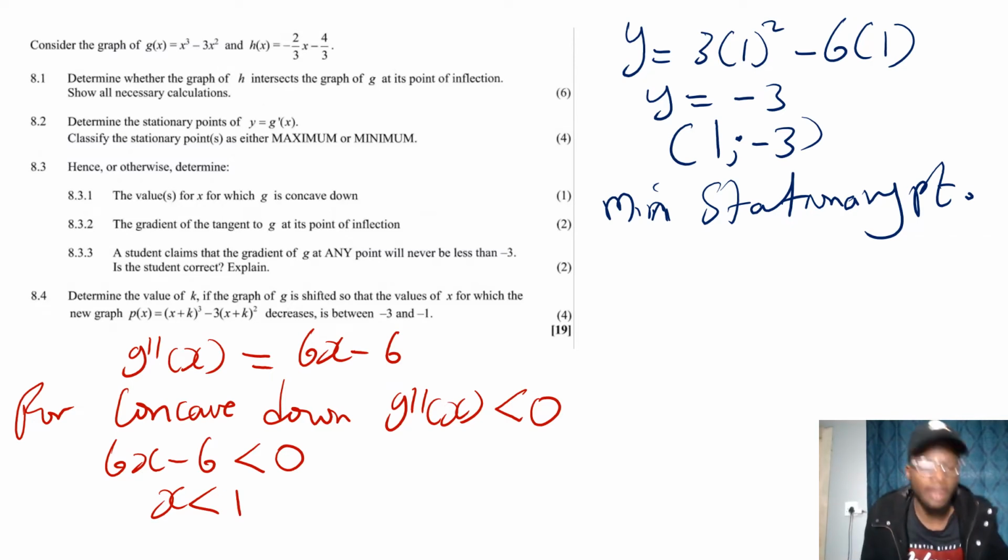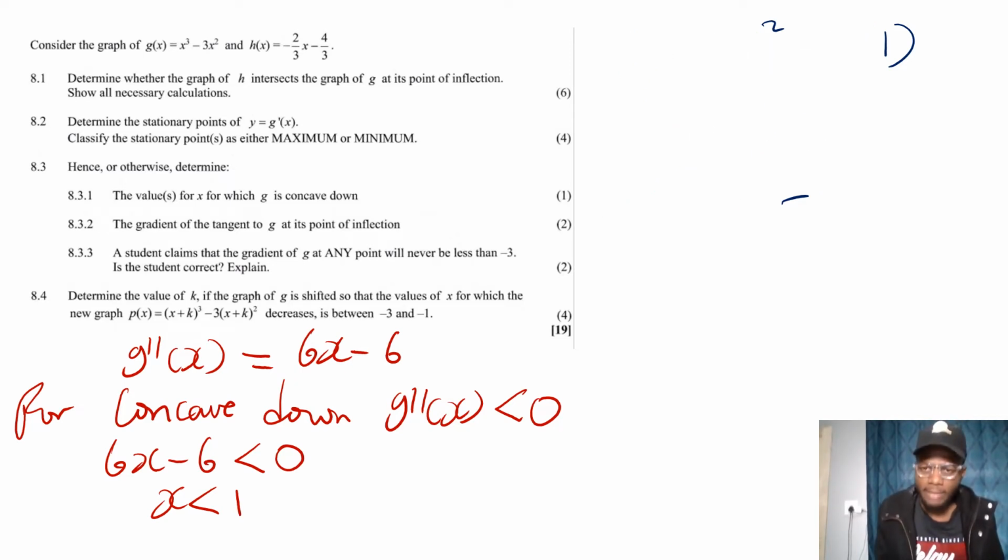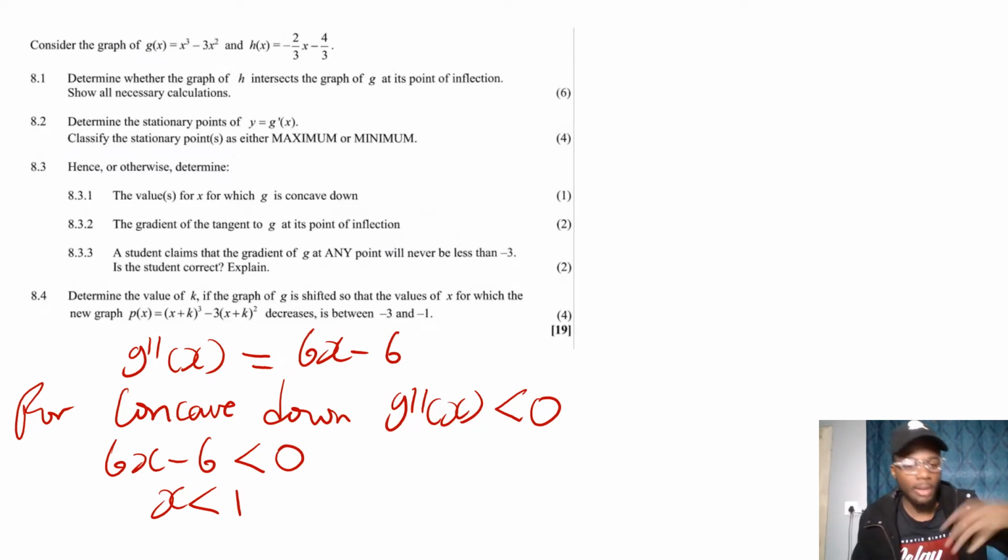That's all about determining where our function is concave down. For concave up, it means the second derivative is greater than 0. Don't forget that at a point of inflection, the second derivative is equal to 0. From concave down, second derivative less than 0, and then for concave up, second derivative greater than 0.